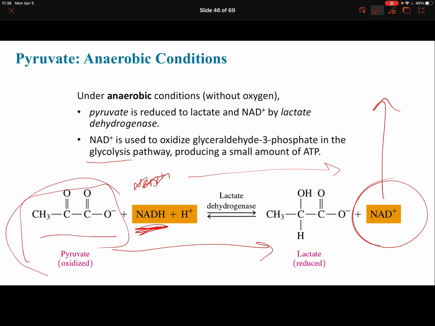We can definitely get more from pyruvate, but only when that pathway is open. And if that pathway is not open, then the pyruvate does us no good, and the NADH does us no good. So rather than let it build up and have everything shut down, we can regenerate it to keep glycolysis going. At least we'll get some ATP.